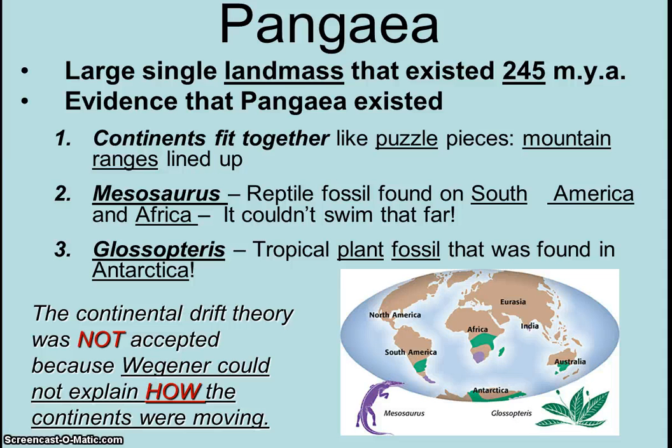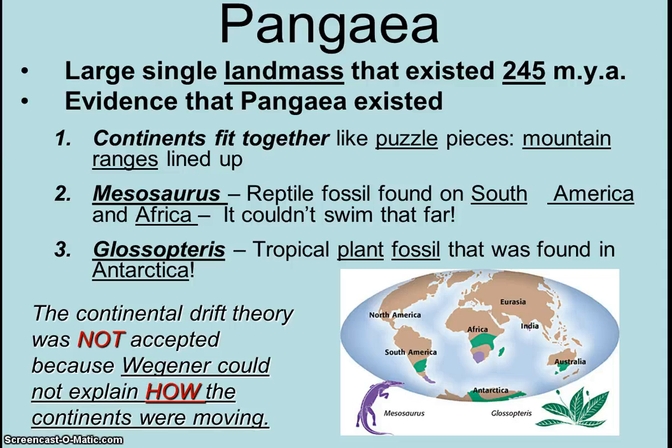And also, because Antarctica could not grow tropical ferns today, then the land that is now Antarctica must have been much closer to the equator in order for this tropical plant to grow. Well, it's not there now, so it must have moved.